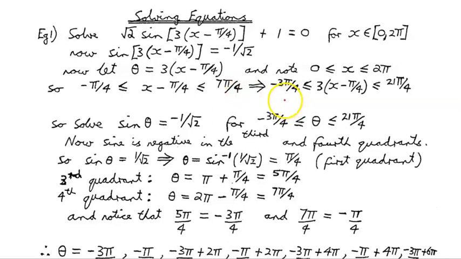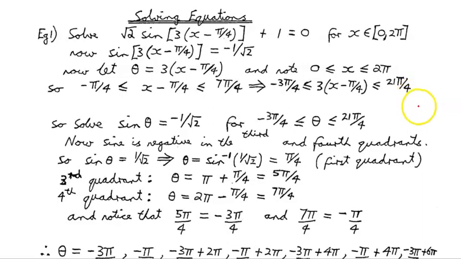Next, let's multiply through by plus 3. So we have minus 3 pi on 4 is less than or equal to our original argument, which is less than or equal to 21 pi on 4. What we're doing is solving this whole argument over the interval minus 3 pi on 4 to 21 pi on 4.